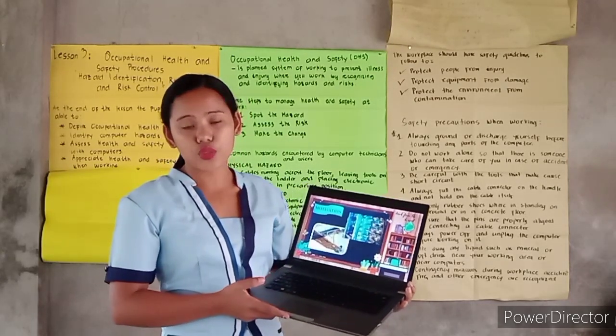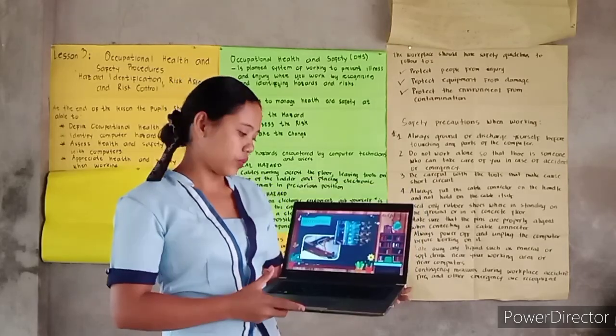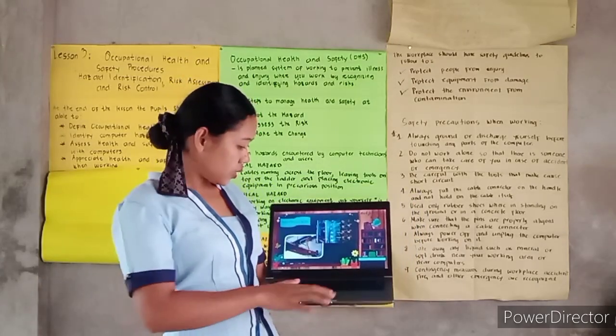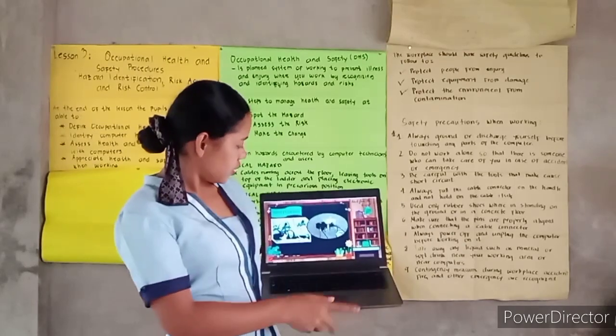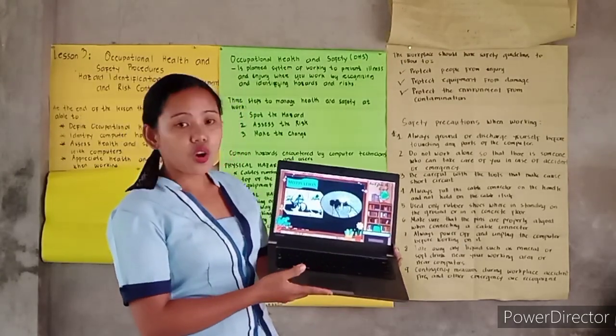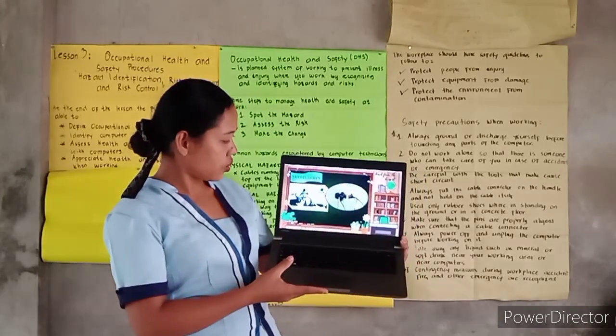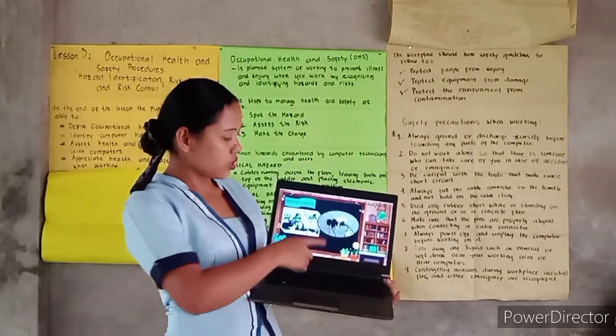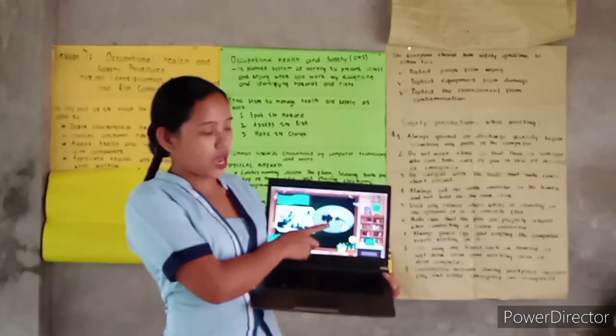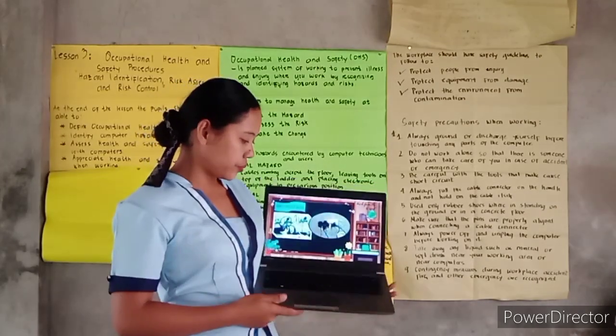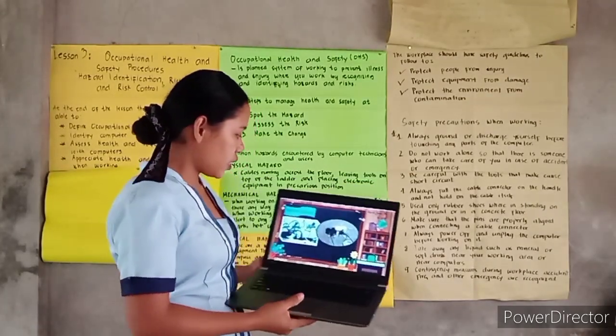Okay, the computer not functioning. Very good, class. The next is this overloaded circuit. As you can see, it may cause electric shock.